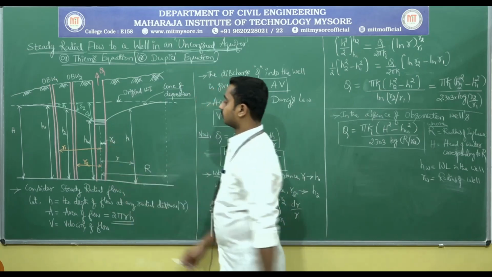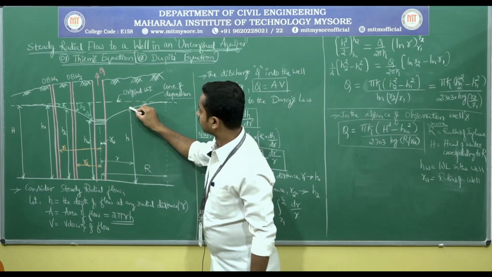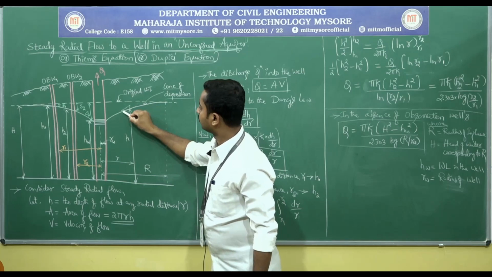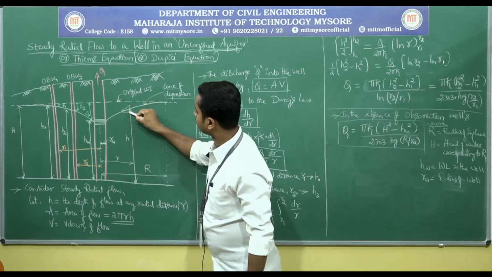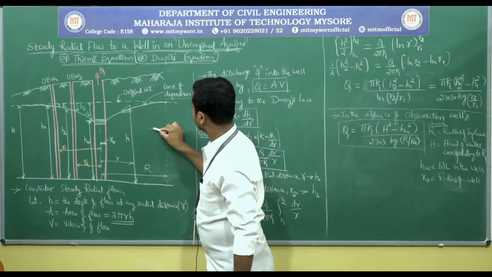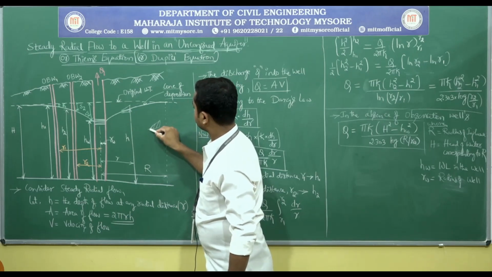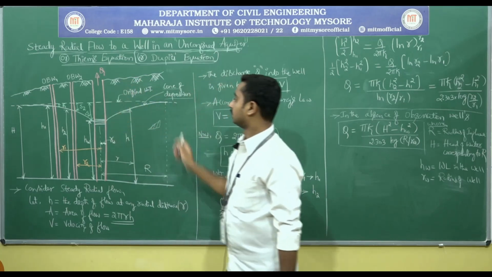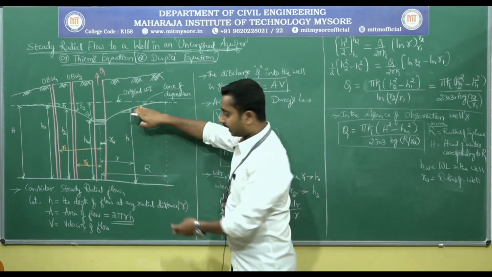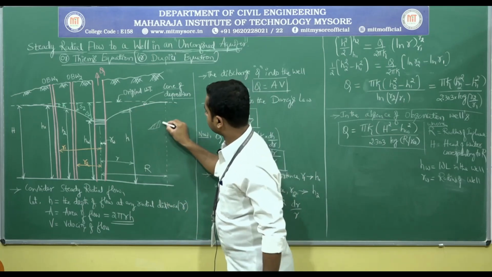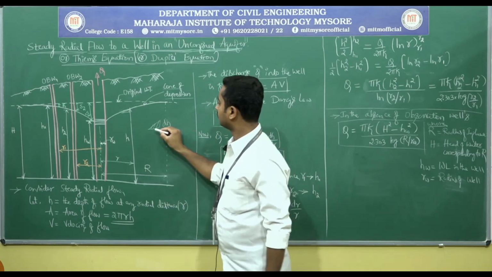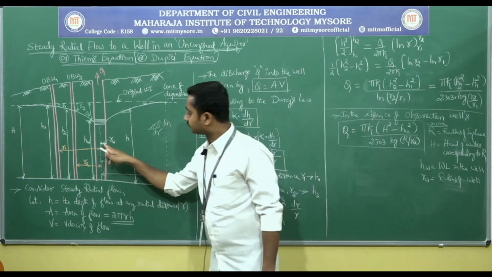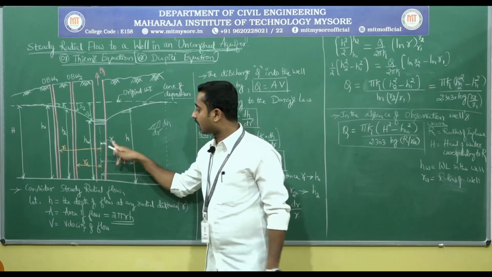And this is R, from the center of the pumping well to some small element, a small element of height H, where the height is small, dH, and the distance is a small distance, dr. This is the radius of the pumping well, RW.